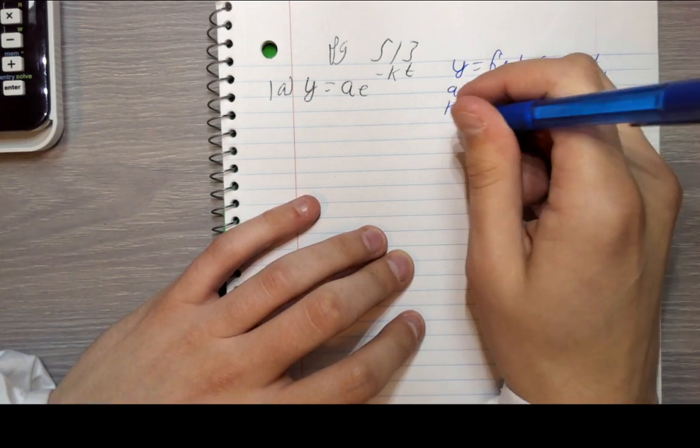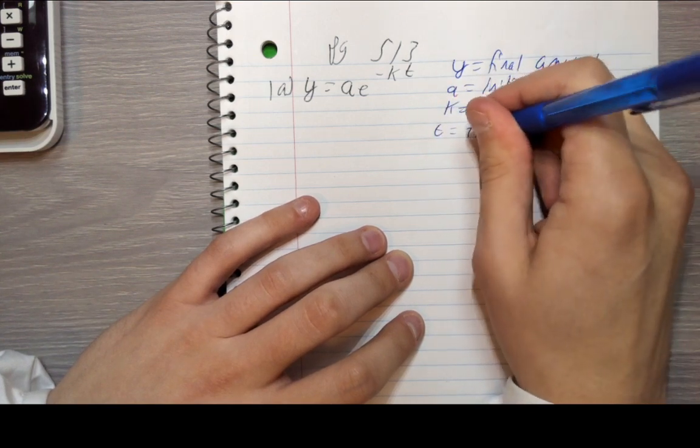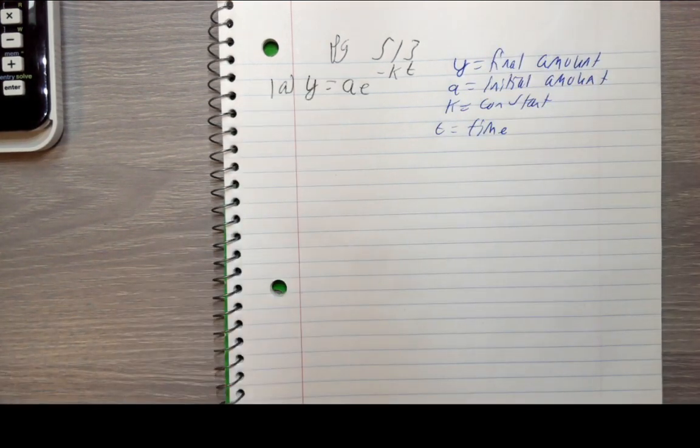And t is equal to time. e, if you remember, isn't a variable, it's a number. So e is 2.718, just a value that we use for exponentials. All right, so that's all the pieces we need.